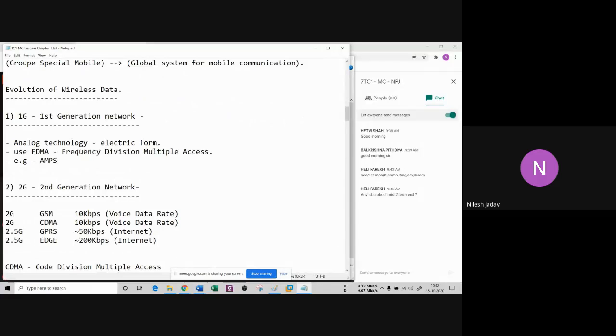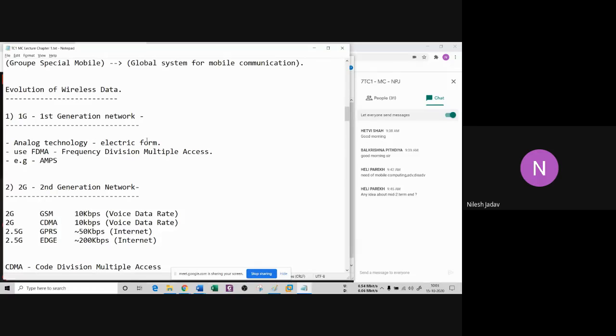So after the beginning of wireless networks, we have the topic of data. We have a wireless network, but we do not have efficient data sending technology. So we have here 1G, 2G, 3G, and 4G.